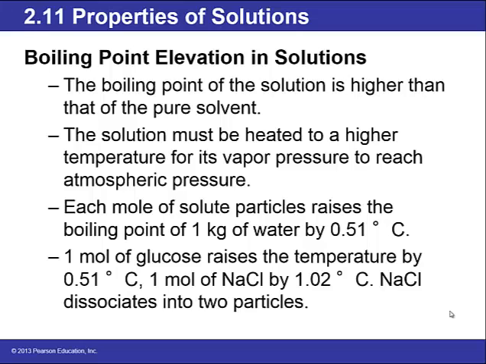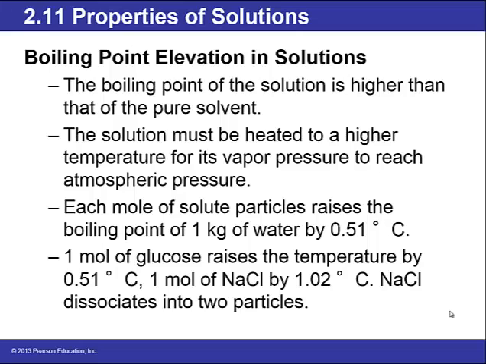So for each mole of solute particles, it's going to raise the boiling point of 1 kilogram of water by 0.51 degrees Celsius. So if you put salt, for example, in your water when you're going to boil pasta, it's going to increase the boiling point of the water inside the pan and make the water boil at a higher temperature.